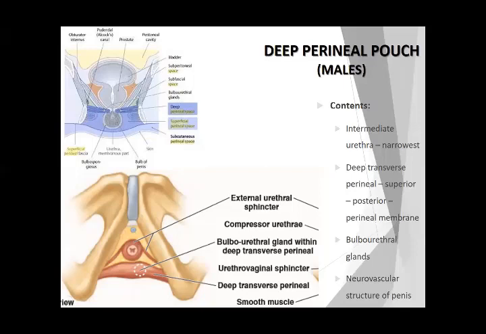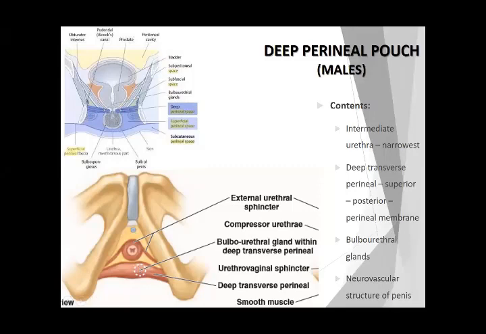Contents में intermediate urethra, which is the narrowest. You have the deep transverse perineum. This deep transverse perineum is the posterior edge of the perineal membrane on the superior aspect. Okay? And lying deep to the deep transverse perineum are the bulbourethral glands.